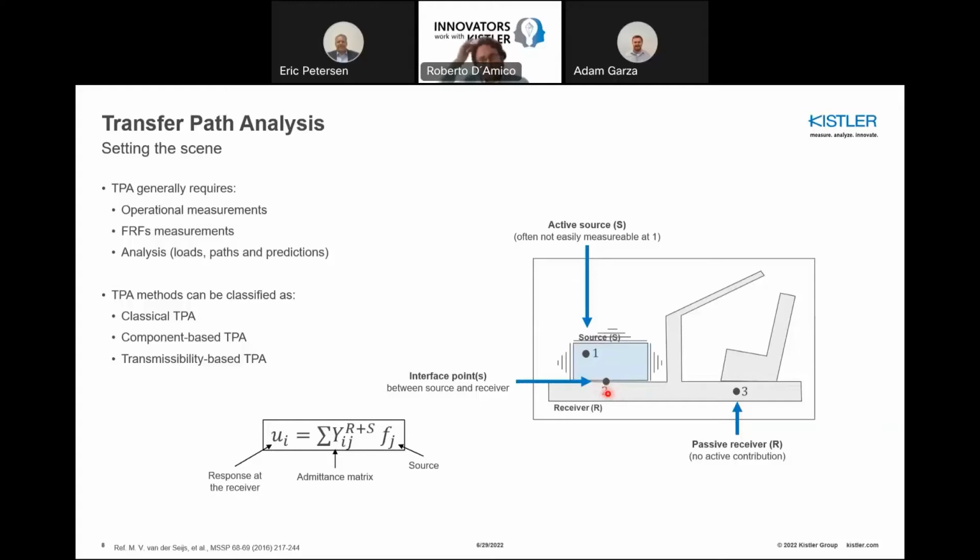So the interface really creates the connection for the vibration transmission through the source and the receiver. And the receiver is just a passive element. So the receiver is not exciting back actively the source. So it's just an element through which then vibrations are flowing, basically.